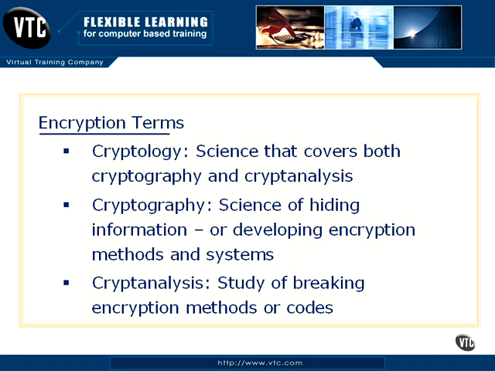It's the science of developing encryption methods, systems, or technologies, the science of encryption. Cryptanalysis is the exact opposite. It's the study of breaking encryption methods or systems, or breaking codes. It's trying to decrypt a message when you don't know the key or the algorithm. You have an encrypted message and you're trying different methods to break it. That's cryptanalysis.